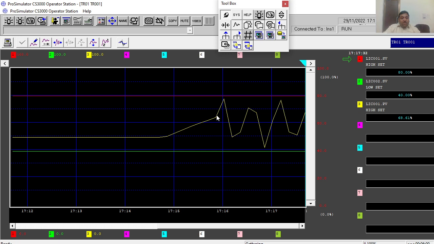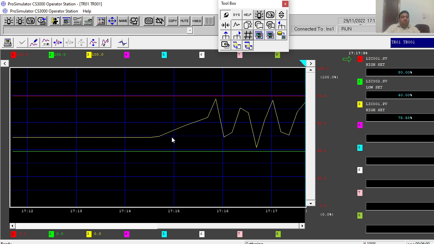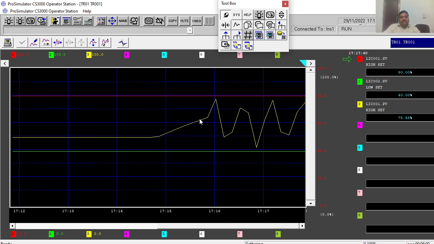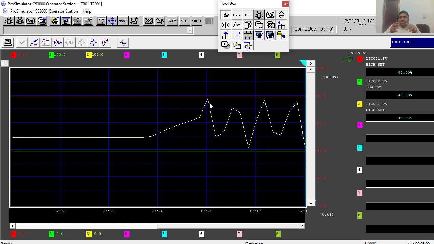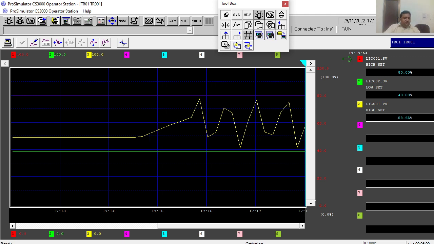The present value is fluctuating between high set and low set, because the moment we close the valve at the outlet, slowly the tank level is rising. The moment it tries to reach 80, that means it has reached the high set point, suddenly the valve will be closed. The moment the valve is closed, there is no more inflow into the system. Automatically the level in the tank will reduce.